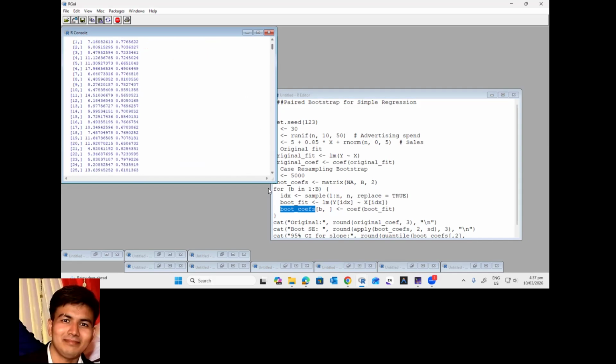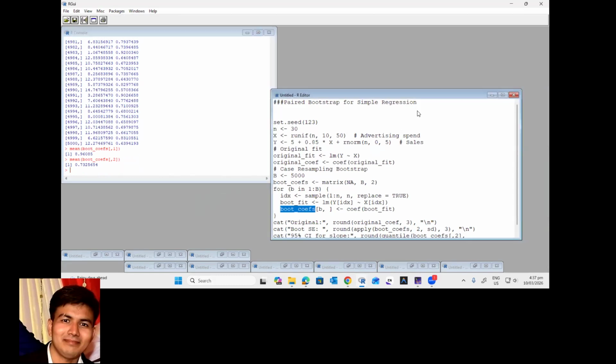Okay, comma 1 is 8.96, and the second column's mean is 0.73. So it is approximately the same as what we got for the given data set. All right, so this is the R code for your bootstrap for the simple random sample for the paired data.